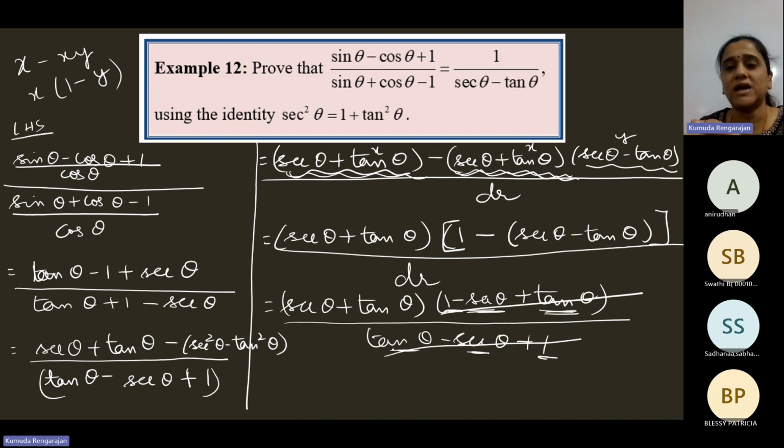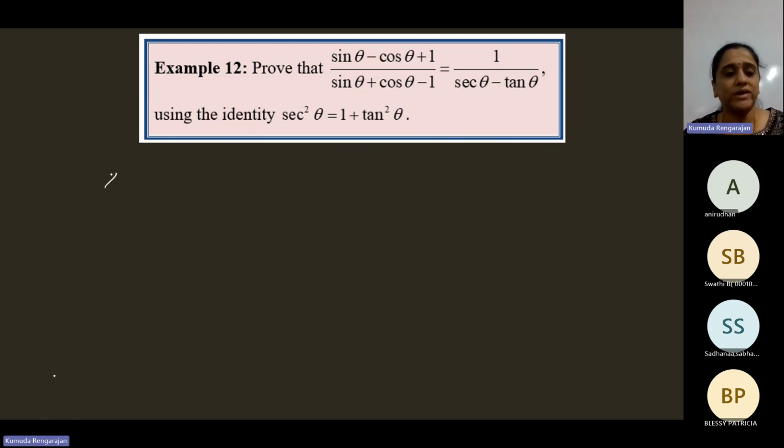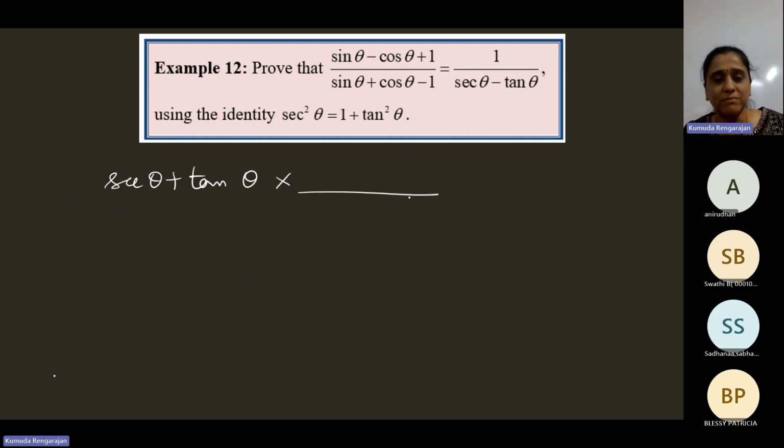That's remaining. But what's the RHS? Secant theta minus tan theta. But we have secant theta plus tan theta. I'll just clear the screen. We have secant theta plus tan theta, but the RHS is actually 1 by secant theta minus tan theta. So you need to get secant theta minus tan theta in the denominator, right? So put that in the denominator. Whatever you have to get, put it.